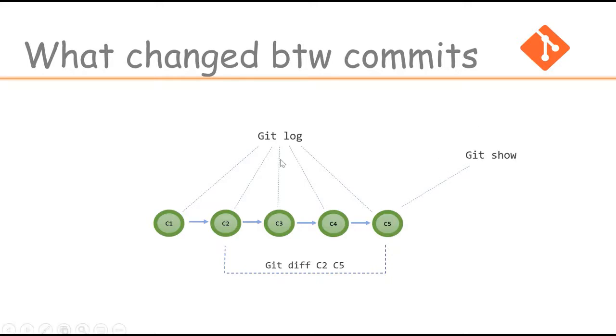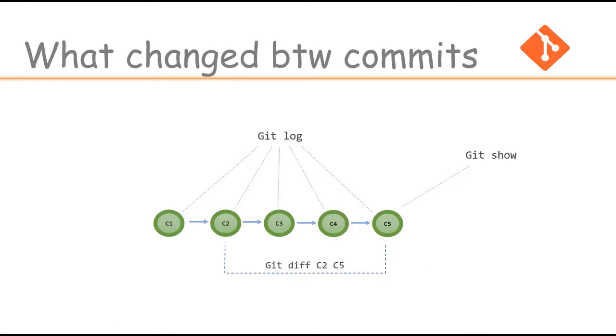It expects the commit ID. You can take the commit ID from the output of git log, and it will give you the exact changes which happened in that commit. Then in order to see the difference between two commits, you can use the git diff command. You need to pass two commit IDs to it, like this: git diff c2 c5. It will list all the changes which happened between the two commits.